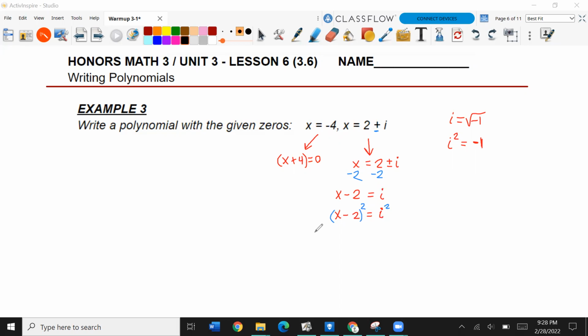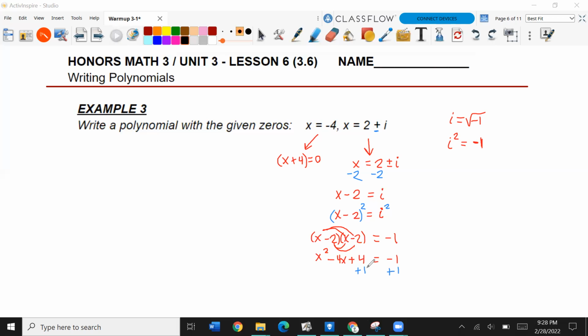Well, that's going to make this x minus 2 times x minus 2, which is x squared. And then we have minus 2x, so minus 4x. And then -2 times -2 is plus 4. Now that's going to be equal to i squared, which is -1.